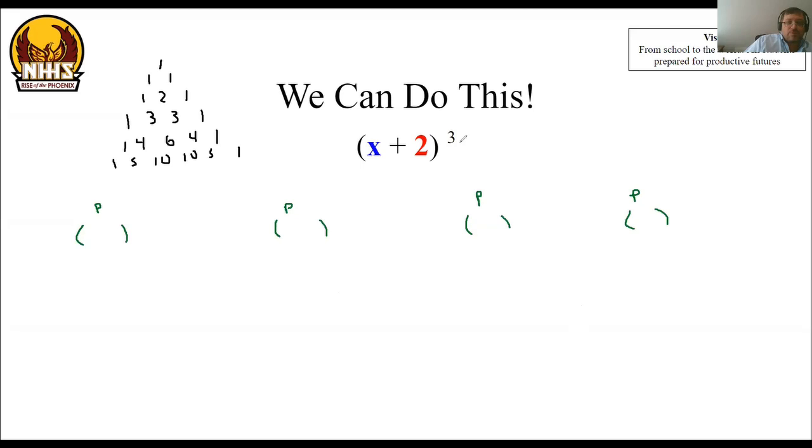So this was 3. So here's my 3. So I'm going to choose the 1, the 3, the 3, and the 1. If that's what you thought, you were correct. So the next step, I'm going to look at the first term. So term 1. And I'm going to draw my parentheses because it helps me stay organized. You can also do this vertically.